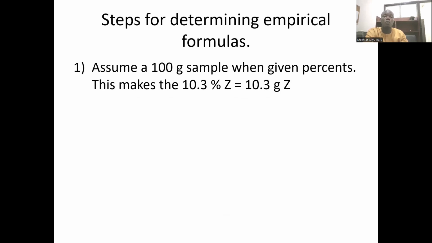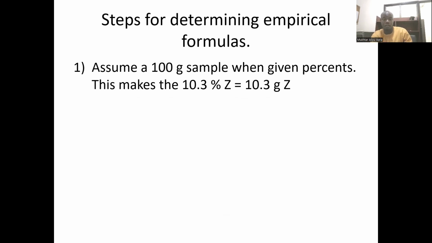So what are the steps for determining the empirical formula of a compound? 1. Assume a 100-gram sample when given percent. So assuming you are given a percentage, you assume that the total mass of that particular substance is 100 gram.